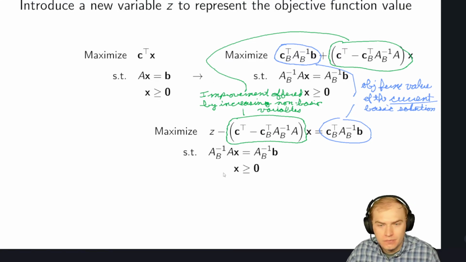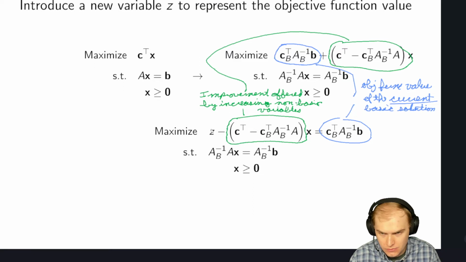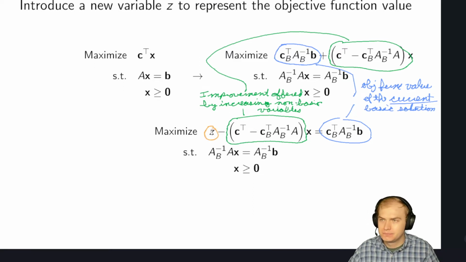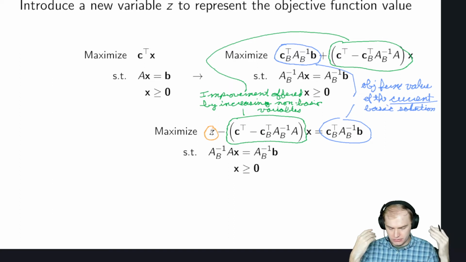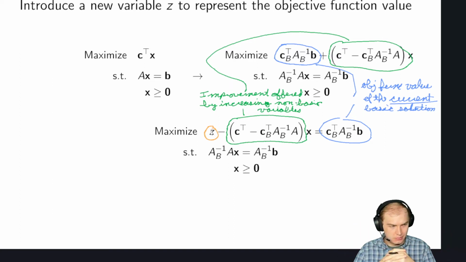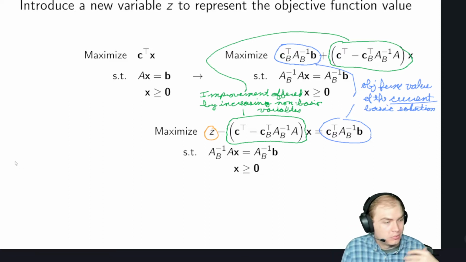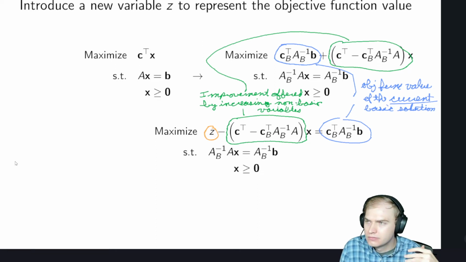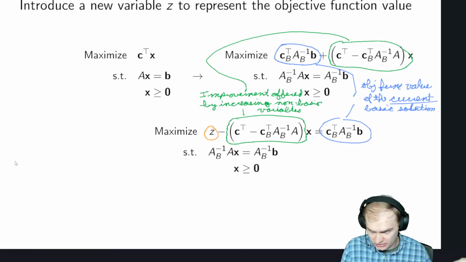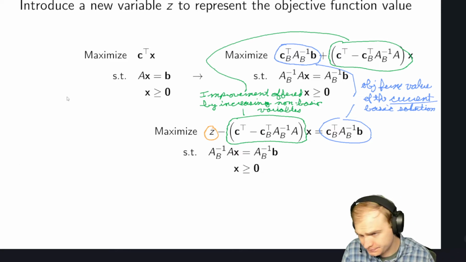And we're going to introduce this new variable, z, which is going to be the objective function value of our LP, of our problem. It just sort of nebulously represents the objective function value at whatever solution we want.